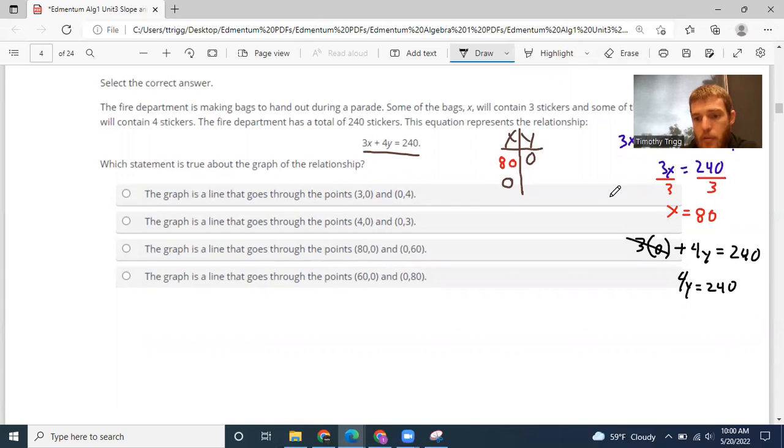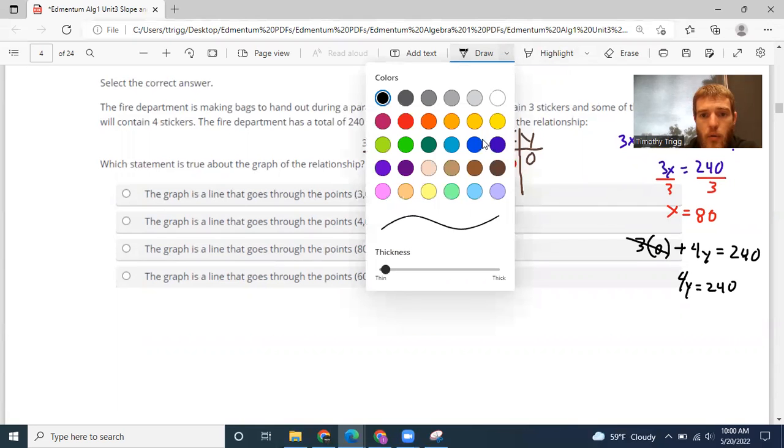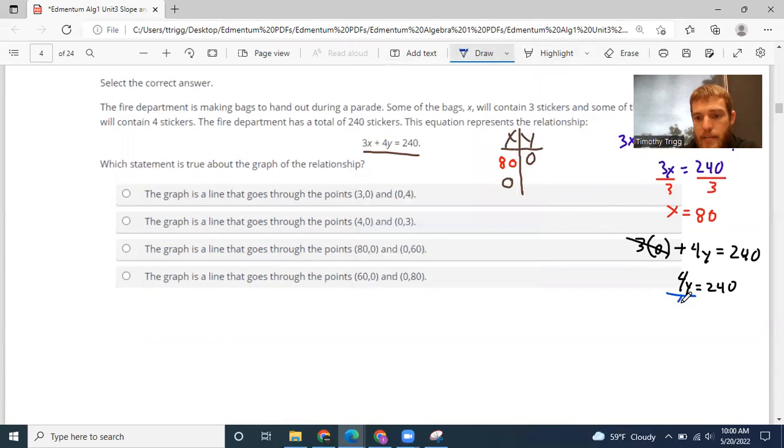Then we divide both sides by 4 in order to get y by itself. Divide by 4, y equals 60. So 80 comma 0 and 0 comma 60 are our x-intercept and y-intercept.